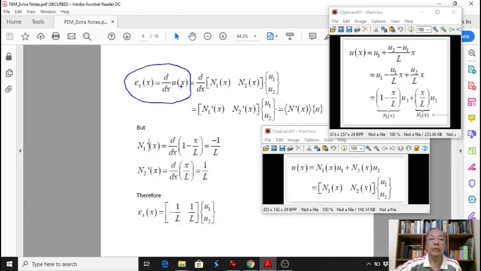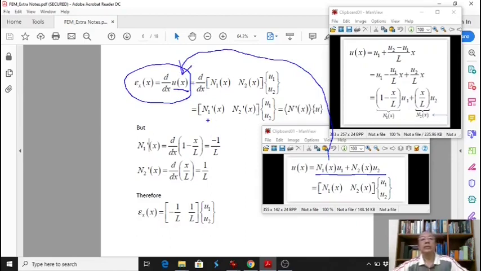So we need to recall that u of x from the last slide is N1 U1 plus N2 U2. We substitute this for u of x into the derivative d per dx.